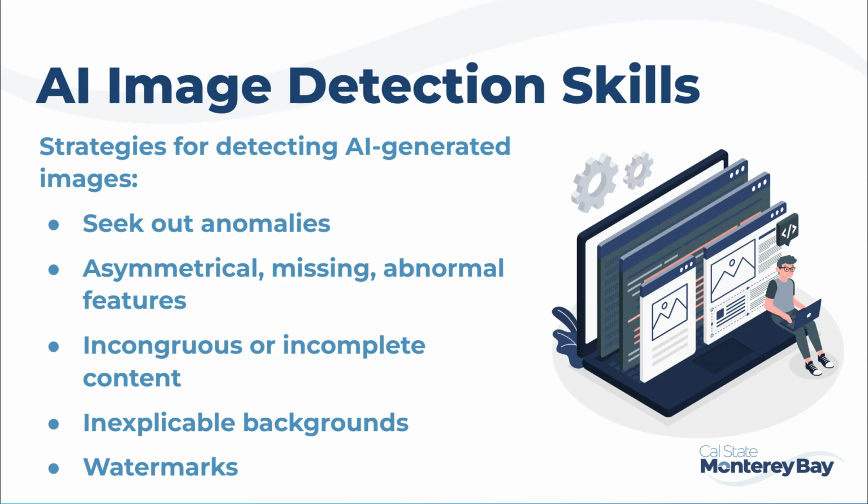So when you're viewing images that you think may be AI-generated, the first strategy is to seek out anomalies. This is especially true when looking at images that have humans in them. You may notice mismatched earrings or eyes that are missing or features of differing size and placement.